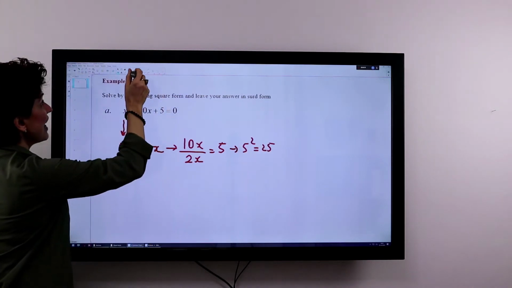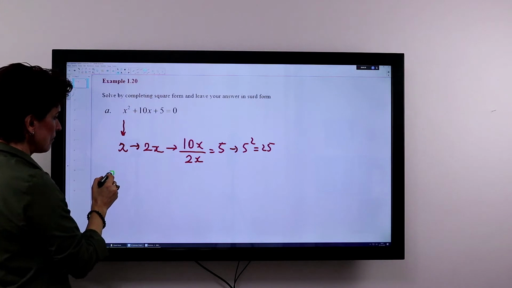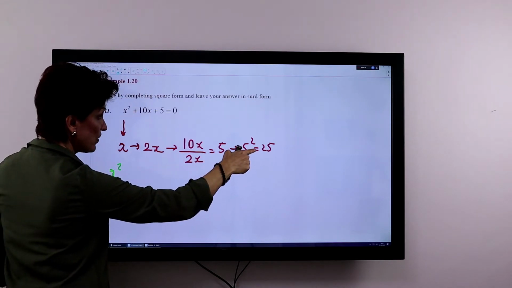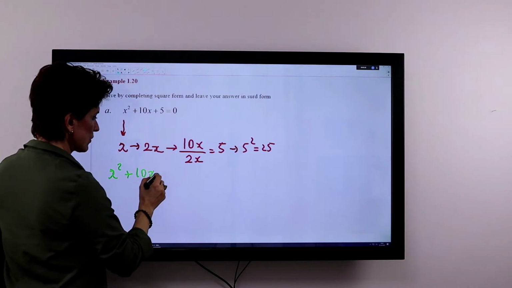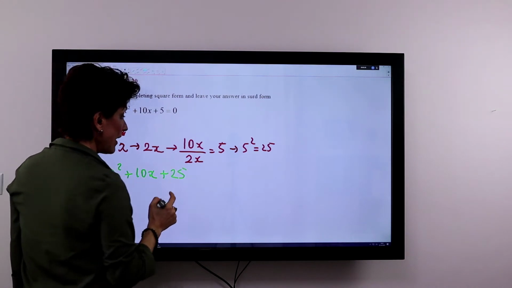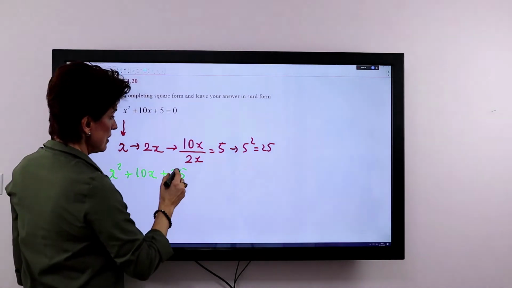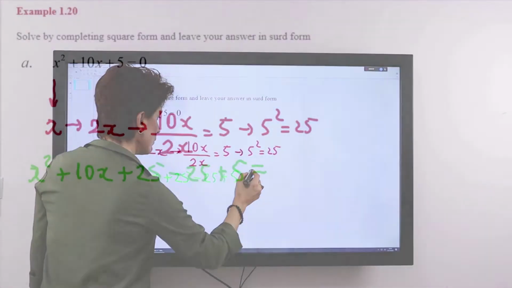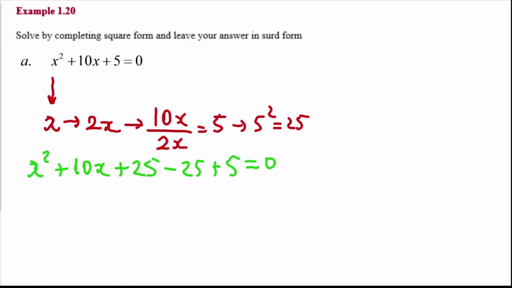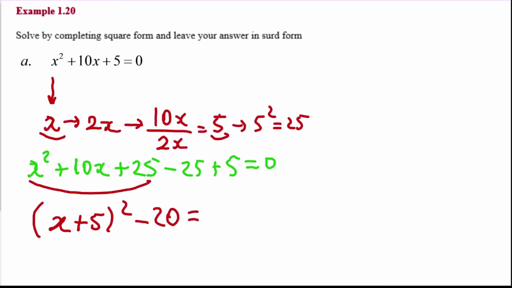I am going to add 25 and at the same time subtract 25. You are better now, I think, at operations. Negative 25 plus 5 equals 0. The first three terms give (x plus 5) squared, then negative 20 equals 0.